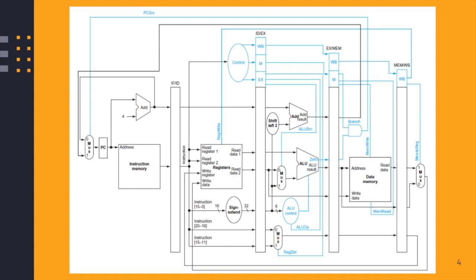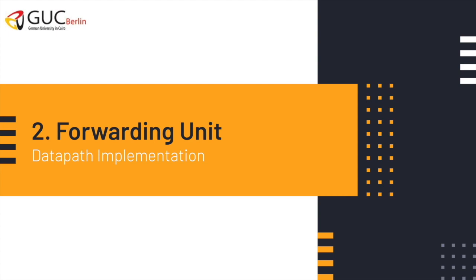So now let's move on to a different concept, which is the introduction of a forwarding unit in our MIPS data path implementation. If you remember in the previous tutorial, when we talked about data hazards arising from R-type instructions, for example, I have two instructions and the second instruction needs the result written by the first instruction.